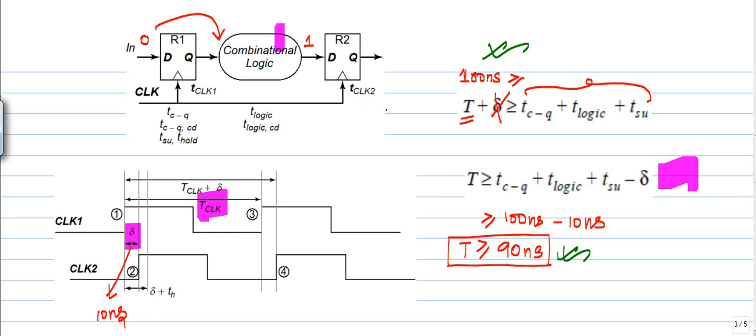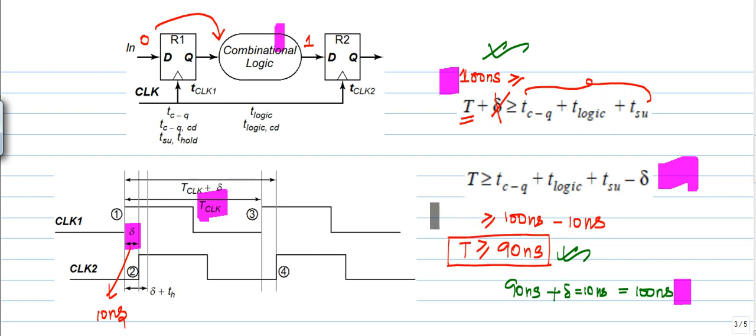But if we add this 90 nanoseconds plus a delta which is equal to 10 nanoseconds, then we will get 100 nanoseconds. So obviously this 100 nanoseconds is equal to that 100 nanoseconds, so there is no problem. The circuit operation is not affected in any way when we decrease this time period by 10 nanoseconds. This is one of the major advantages of the positive clock skew.